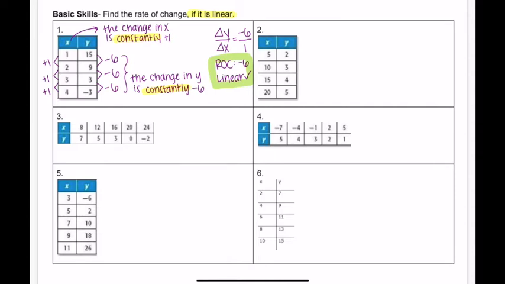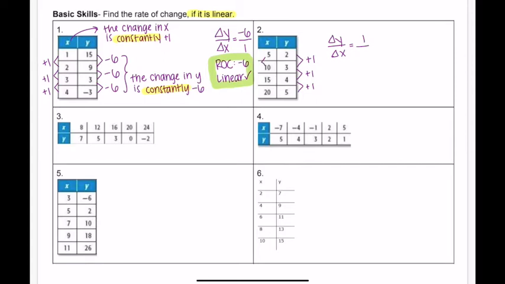In example 2, let's look at the change in y. So our change in y is +1. Now we're going to find the change in x.